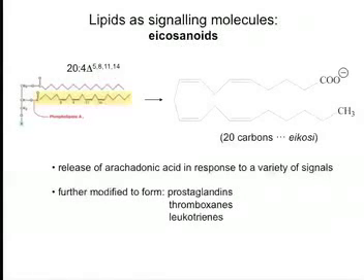Let's talk about lipids as signaling molecules. I alluded to this earlier. Here is a, we don't really care what lipid this is, but we note that it's a glycerol-based lipid.